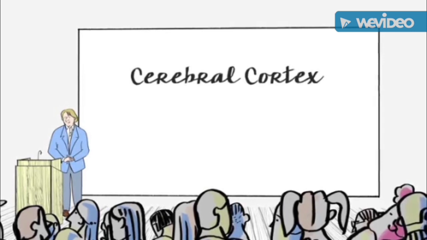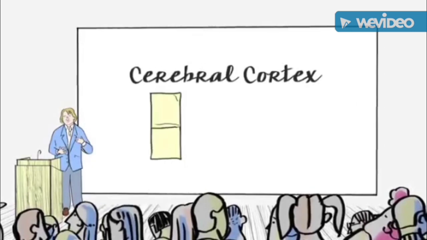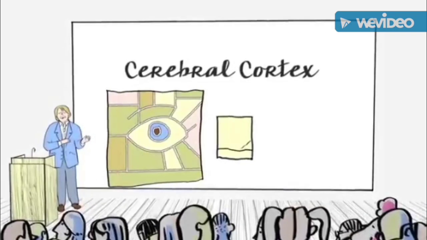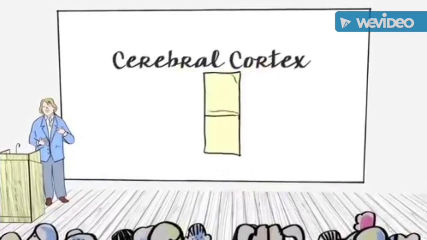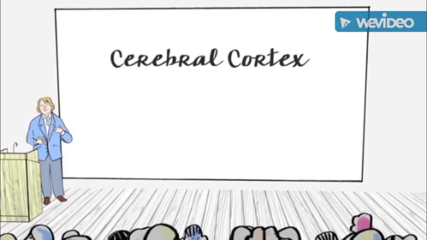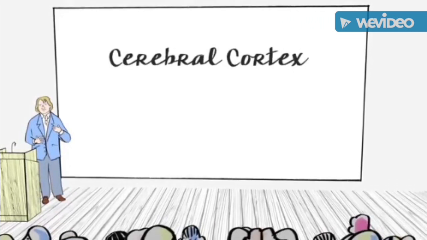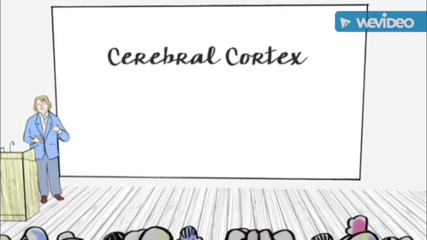In fact, in the occipital lobe you have a map for vision, and in the temporal lobe you have a map for sound. What's really cool is that, as I said, the map is topographical, but the sizes of the brain areas don't correspond to the sizes of the actual body areas, but rather to the extent to which there's motor or sensory function.